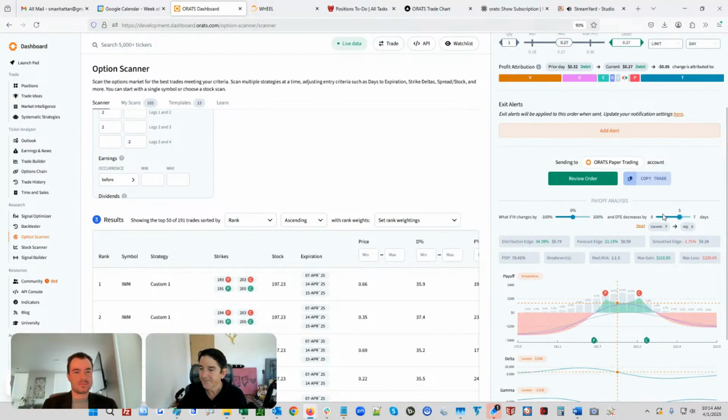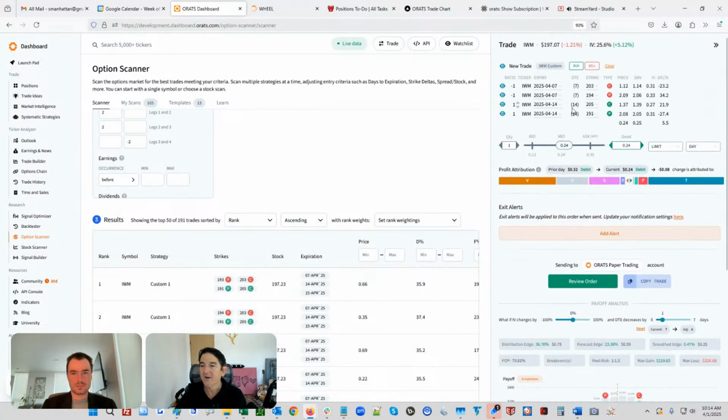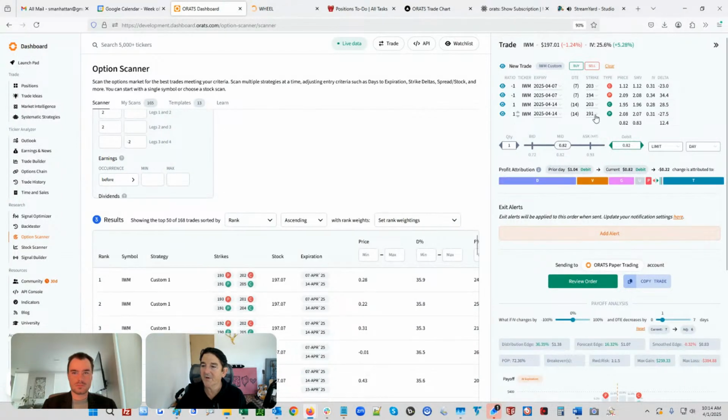Right. Exactly. So this is a kind of trade that I'm okay with. This is what we're looking for. If we just did a call calendar, so let's say we sold the 203 here and bought the 194, we'd be paying a lot more for it.